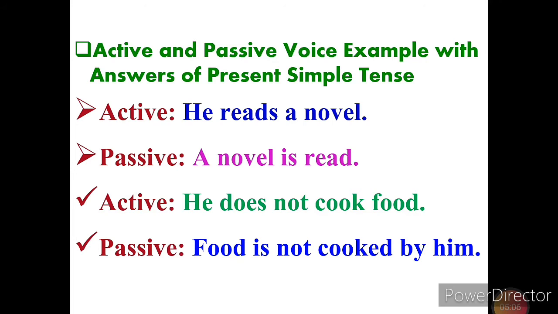When we want to change it into passive form, the object a novel has become the subject. As it is third person singular, a novel is, the auxiliary verb is taken, and the past participle read.